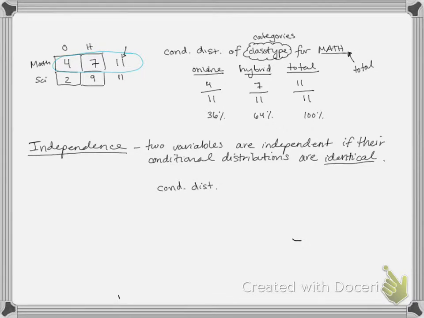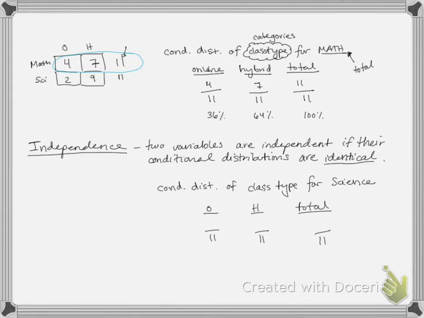So look, above we found the conditional distribution of class type for math. So we're going to do the conditional distribution of class type for science. And that means that we're going to list the same class type. So online, hybrid, and total. I'm going to use abbreviations here. And we're now talking science. So a little bit confusing. None of my denominators changed. Let me erase this little guy here and here.